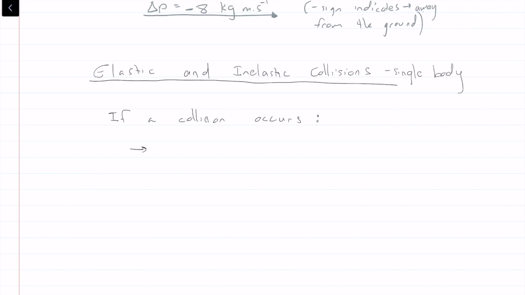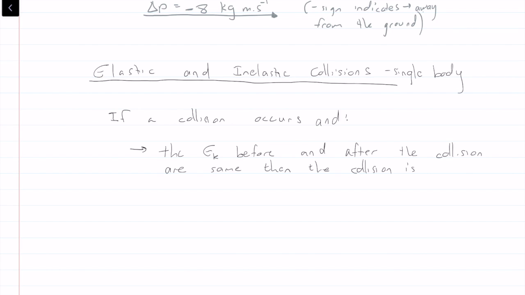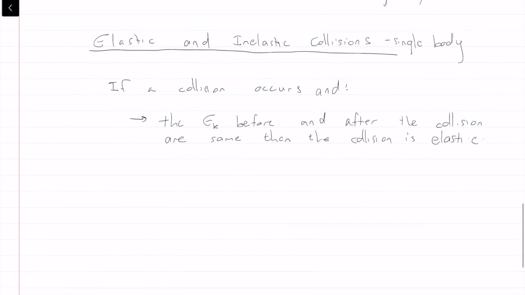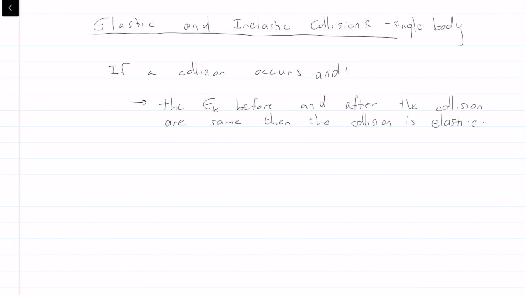So if a collision occurs and the kinetic energy before and after the collision are the same, then the collision is elastic, and the kinetic energy is conserved, so the collision is elastic.